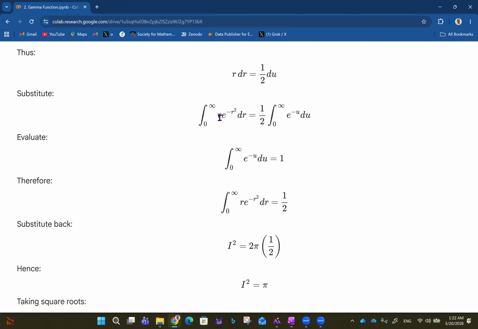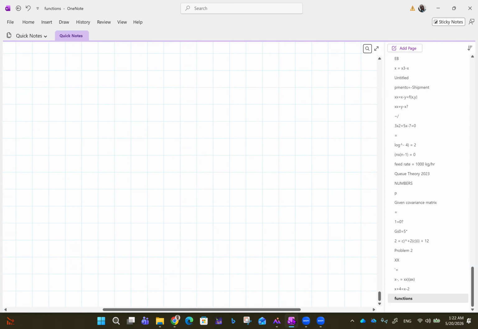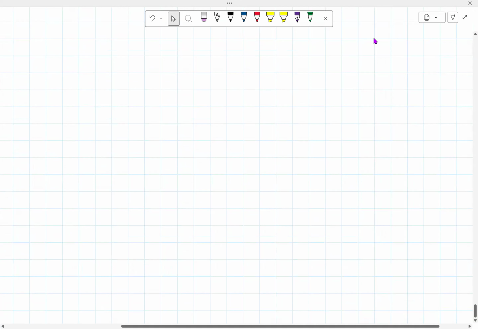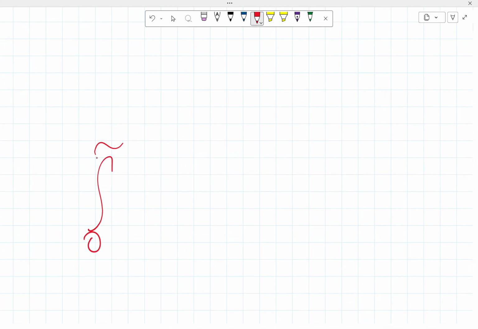So we can evaluate the integral from 0 to infinity of e to the minus u du.